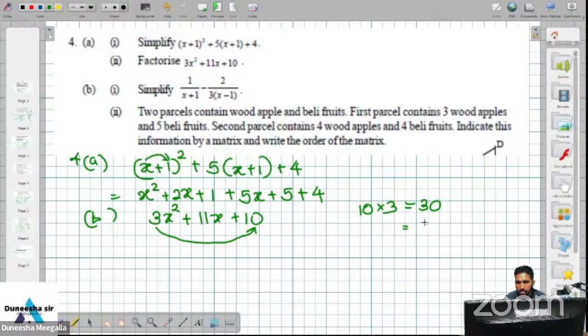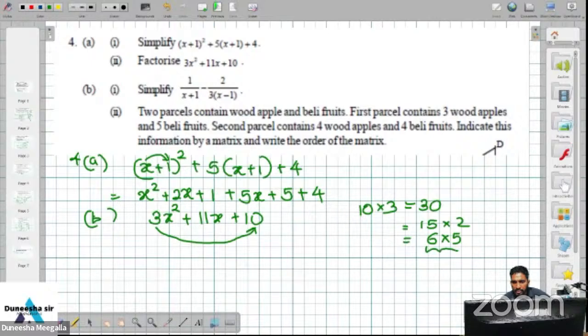We can write 15 multiplied by 2. Another way we can write it? 6 multiplied by 5. Okay.